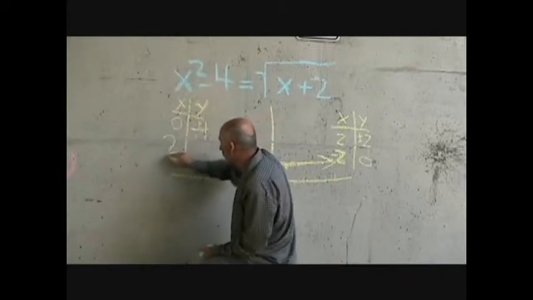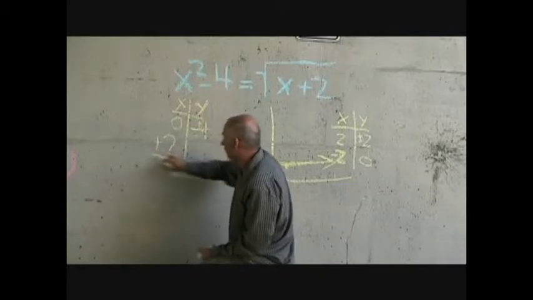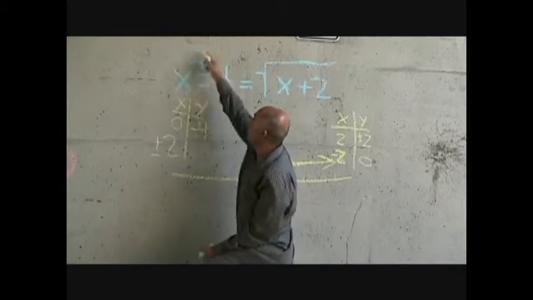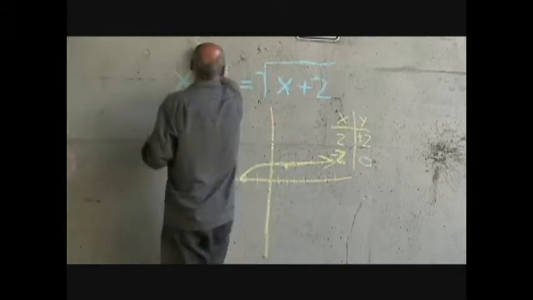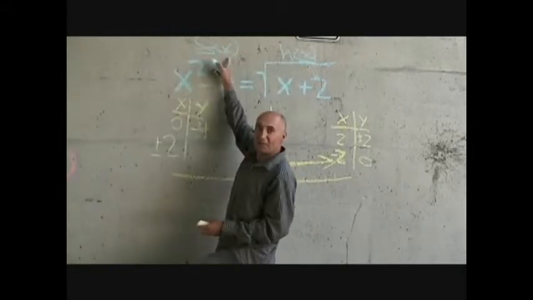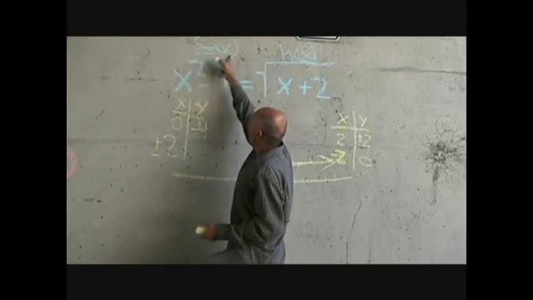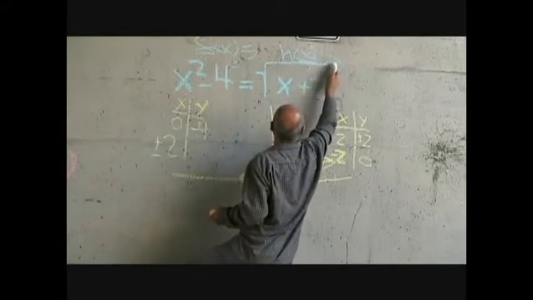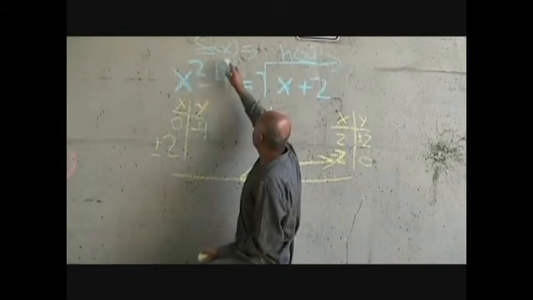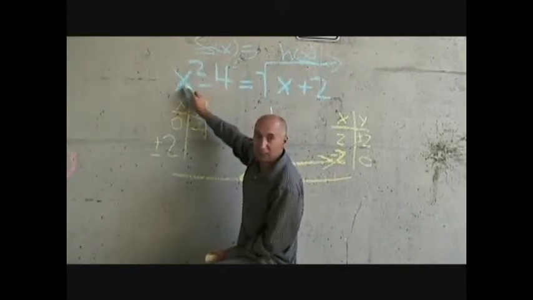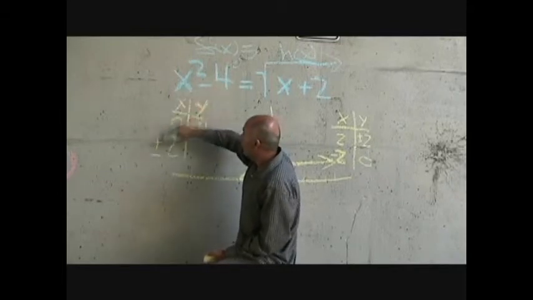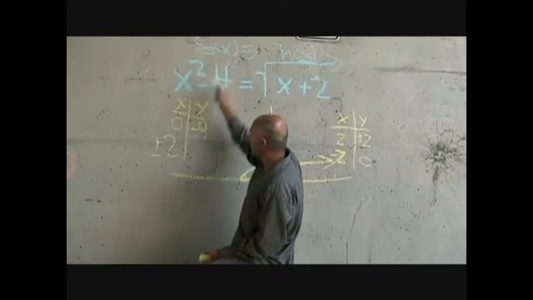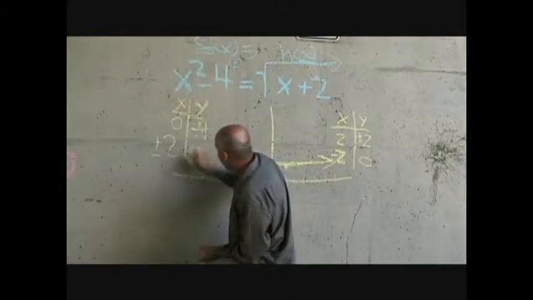This side is just a function, it's just a y, right? If we call this f of x and we call this h of x, f of x equals this guy, h of x equals this guy. So if you sub in x equal to plus or minus 2, 2 squared is 4, negative 2 all squared is 4, 4 minus 4 is 0, so this just becomes 0.